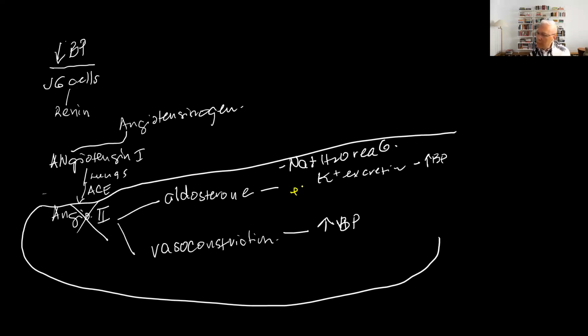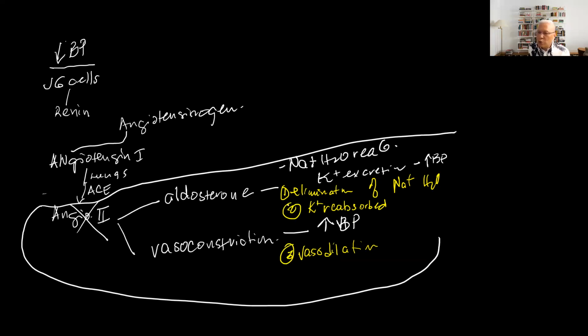So the actions would be elimination of sodium and water, and there's going to be vasodilation, and potassium is going to be reabsorbed. So this basically will now be the main effects of your administration of angiotensin 2 blockers.